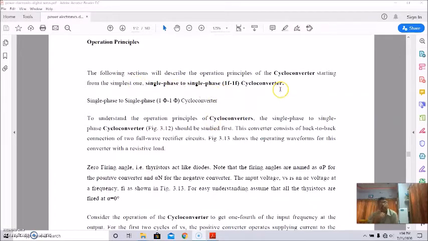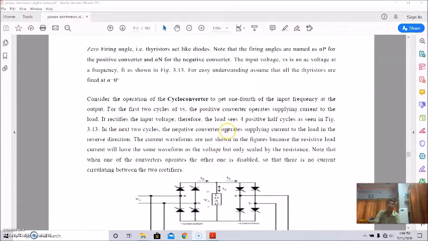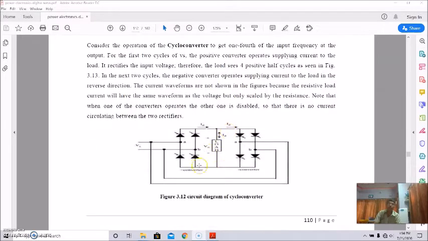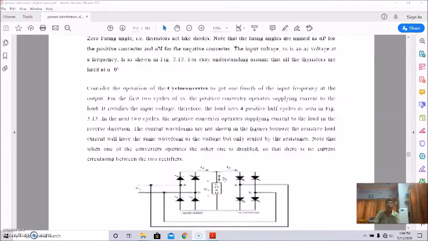This is the operating principle of the single phase to single phase cycloconverter. To understand the principle of this cycloconverter, the single phase to single phase cycloconverter is shown here.